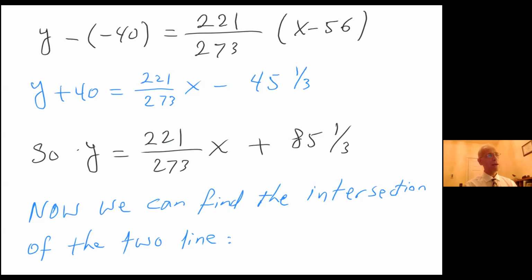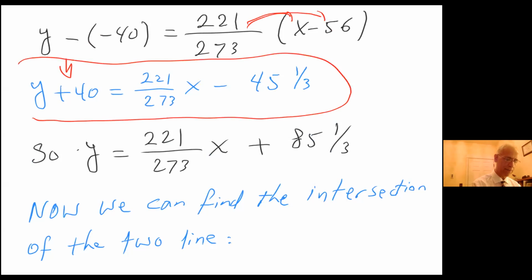Distributing, first of all, minus negative 40 is positive 40, and distributing 221 over 273, now I have y plus 40 equals all that. Subtracting 40 from both sides of this equation, I have y equals 221 over 273x plus 85 and a third.